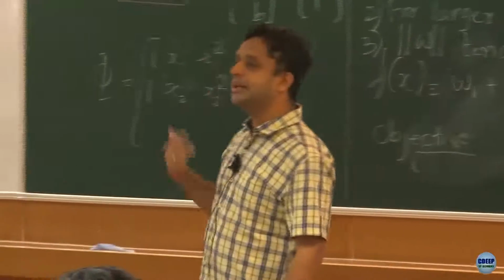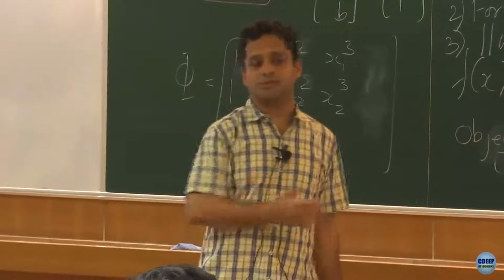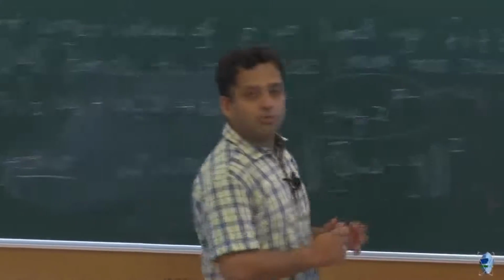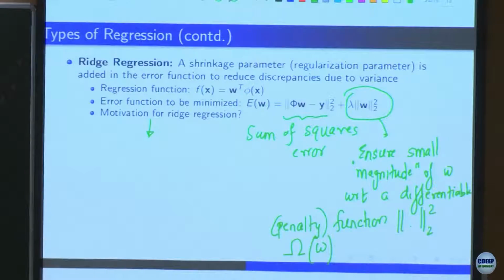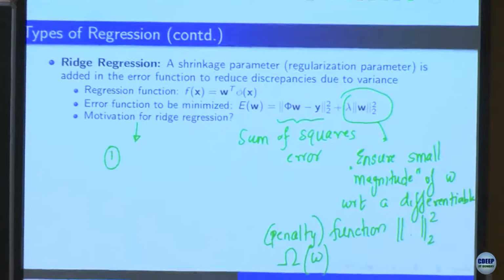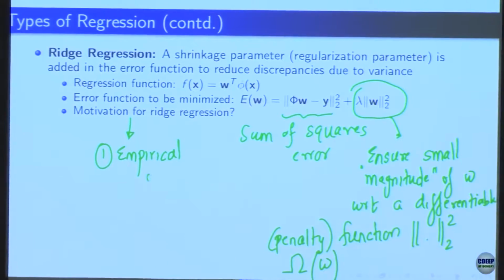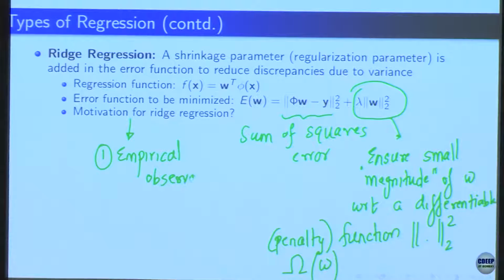Overall, that will contribute to increasing the magnitude of W measured in terms of some norm, specifically the 2 norm. So that's certainly one motivation. Motivation 1 is an empirical observation backed by intuition.